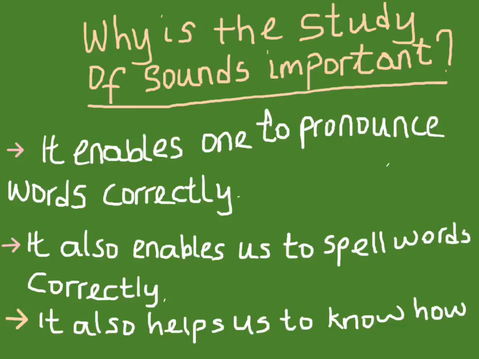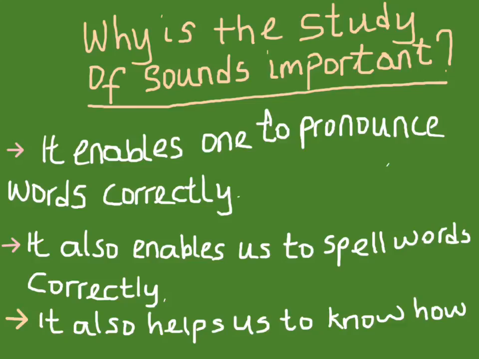And you also know that the letter T is represented by the T sound. You'll be able to spell the word bout. So, when we say sound enables us to spell words correctly, we are simply saying that when you know the sound of each letter in a word, you'll be able to spell the word correctly, because from the sound, you know which letter it represents.